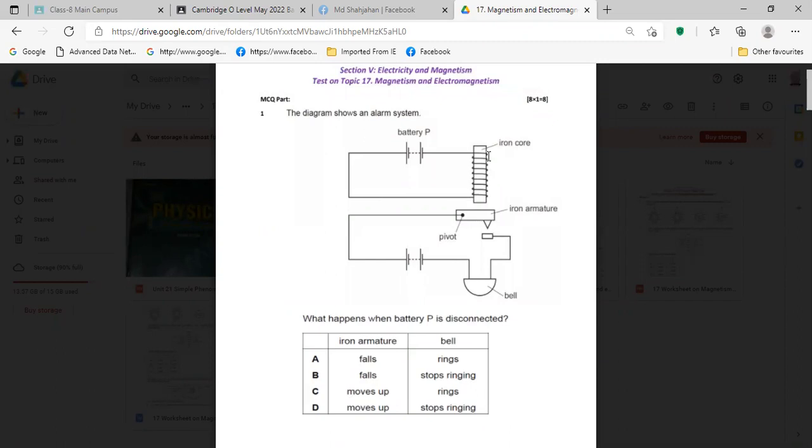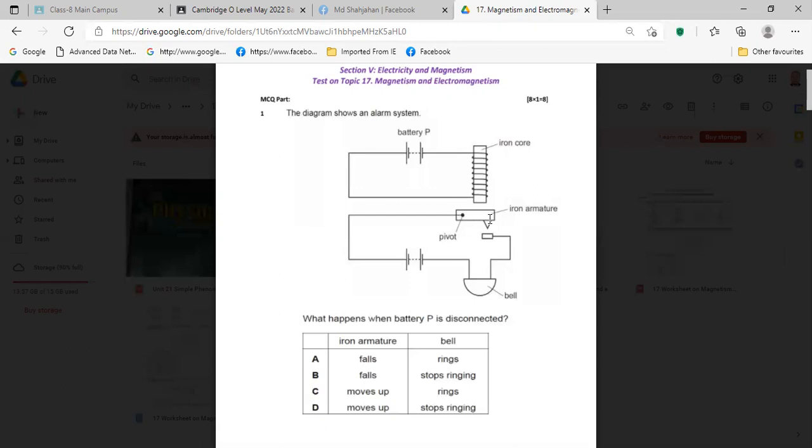It is demagnetized, isn't it? Yes, sir. Okay, so if this iron core is demagnetized, that means it will no more attract the iron armature. The iron armature will drop down, right?